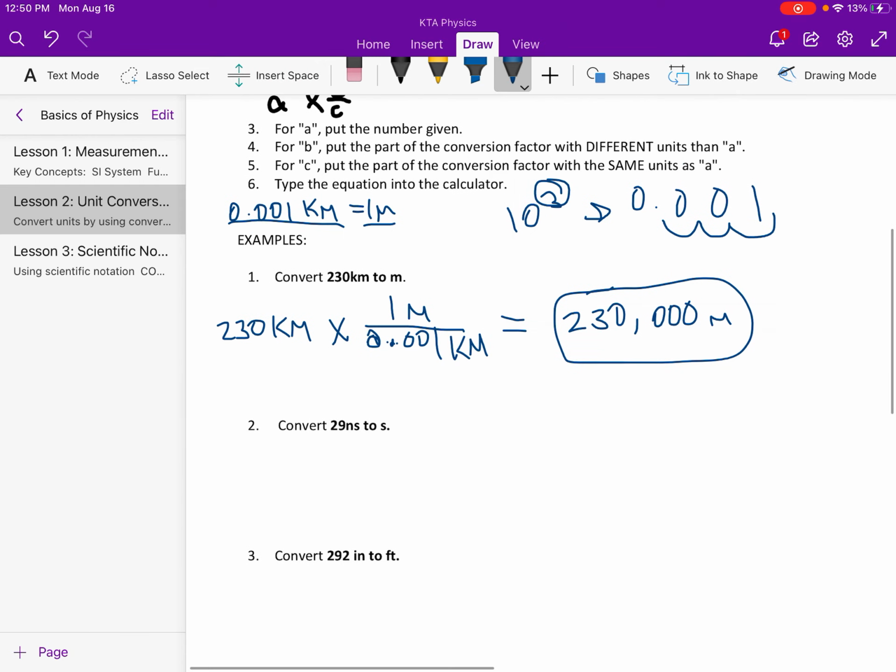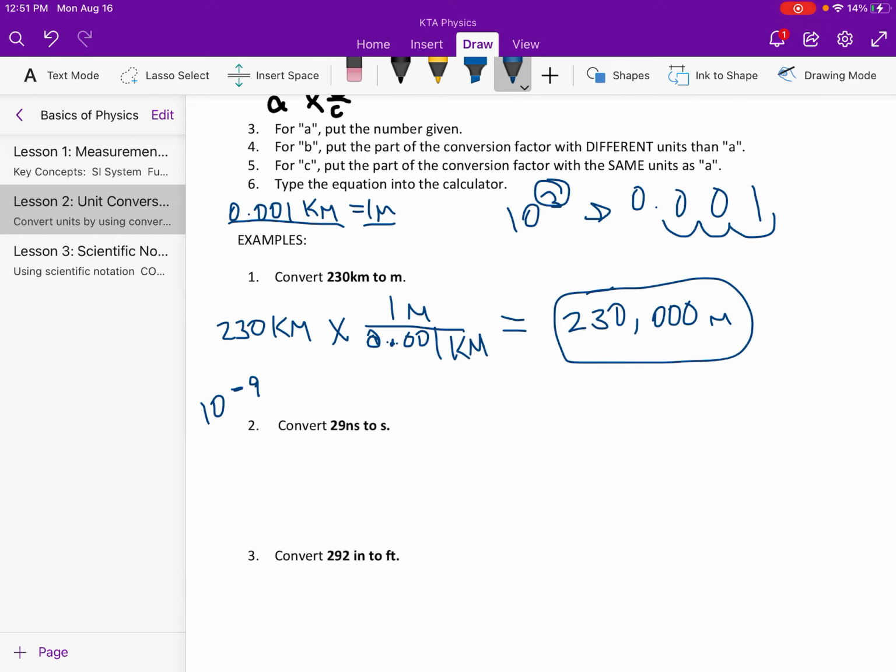Now convert 29 nanoseconds to seconds. We need to know our conversion factor, and this time the conversion factor is how many nanoseconds are in a second. Nano is 10 to the negative 9th power.